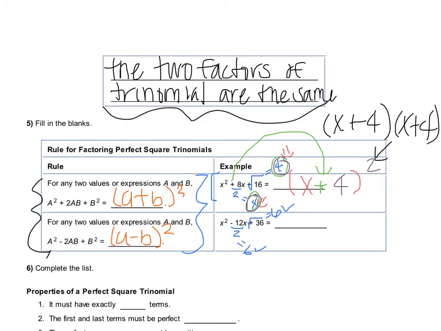So that means my parentheses is going to be x. I'm going to bring this sign, whatever it is, in here, minus. And then whatever this number was, 6. And then I'm going to square it. So my factor in this case is x minus 6 squared.